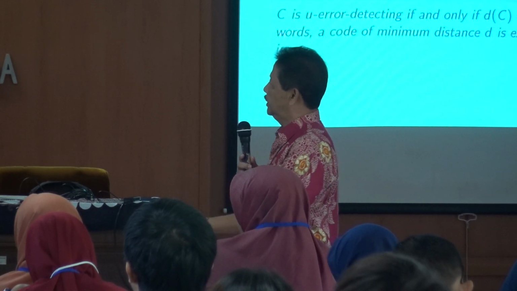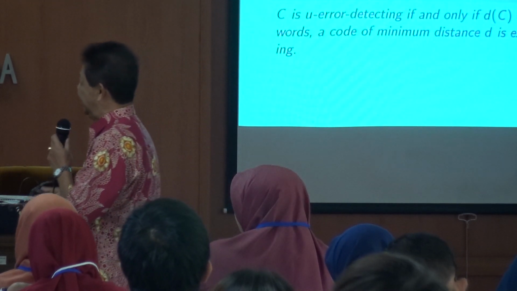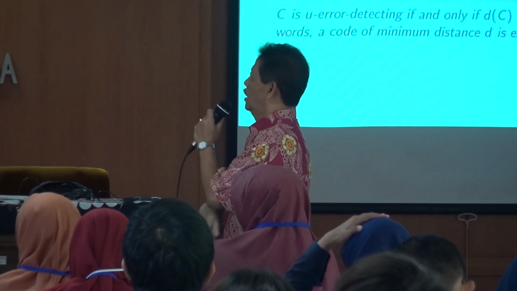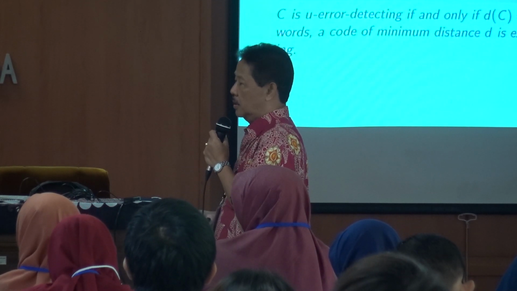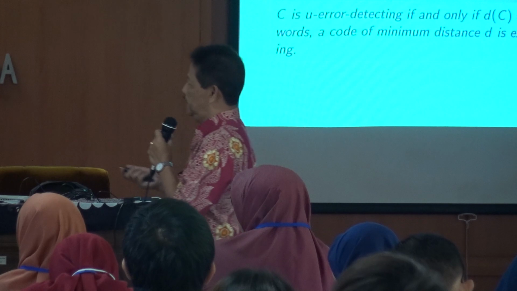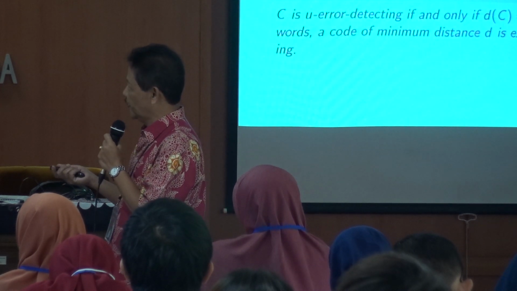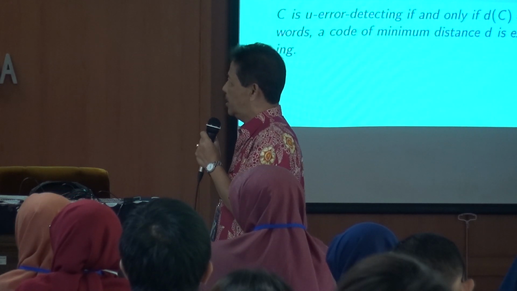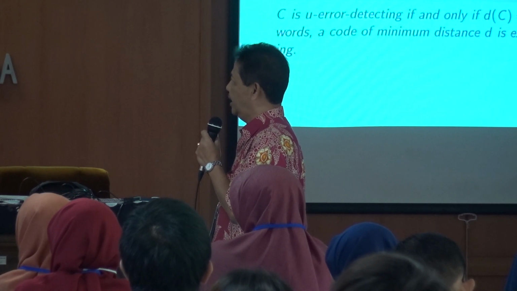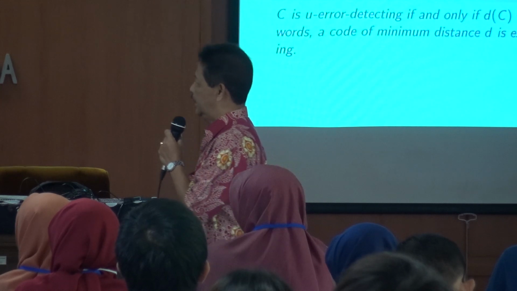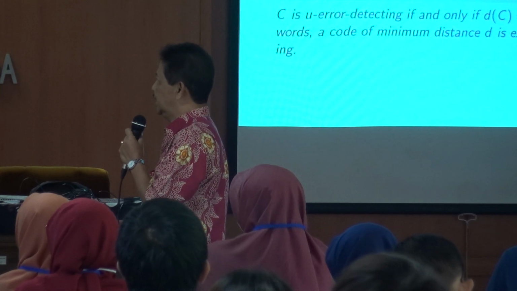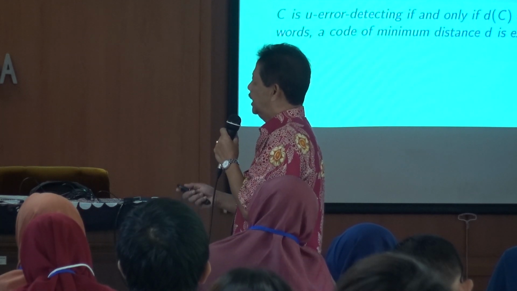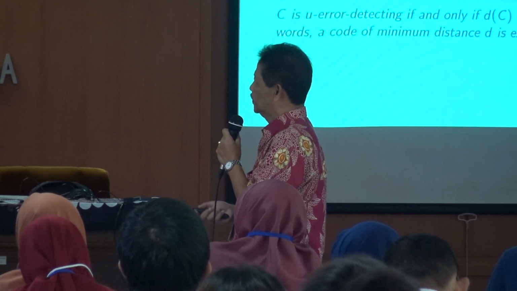Then the definition of error detecting. Suppose we are given u, a natural number. A code C is called u-error detecting if an error in at least 1 and at most u positions sends a code word into a non-code word.